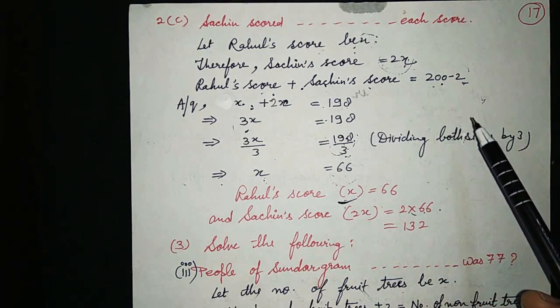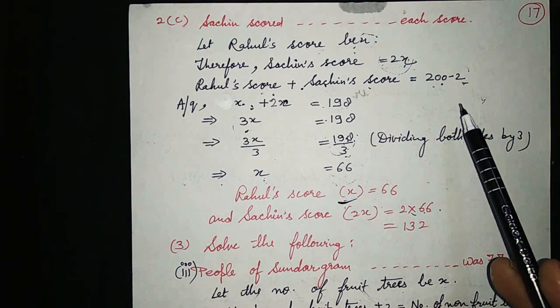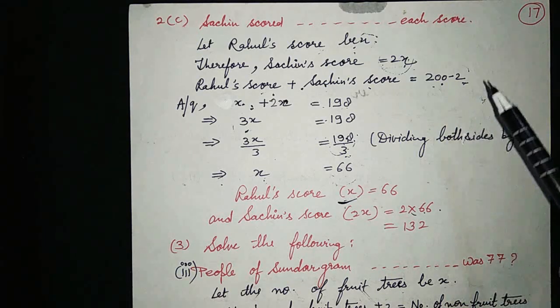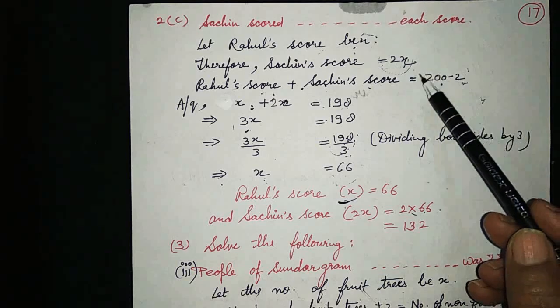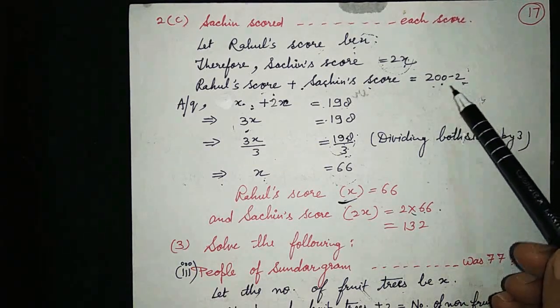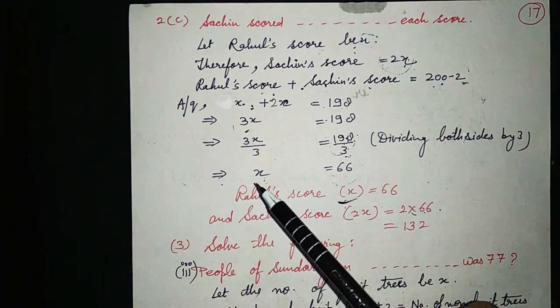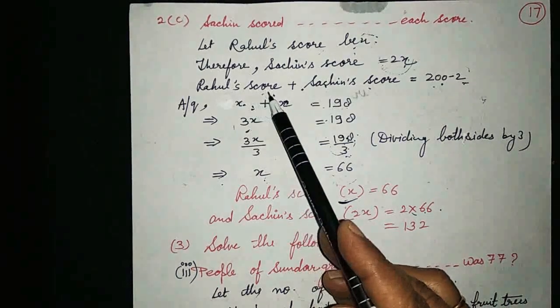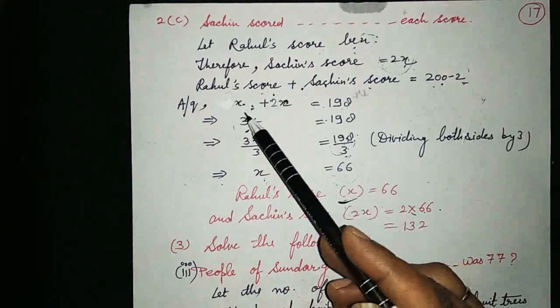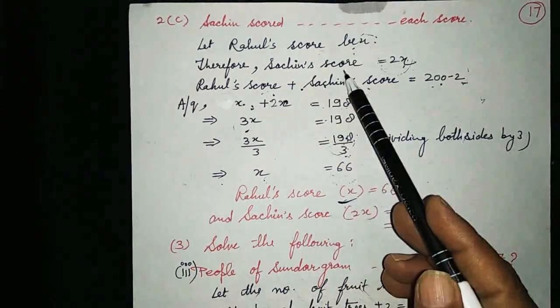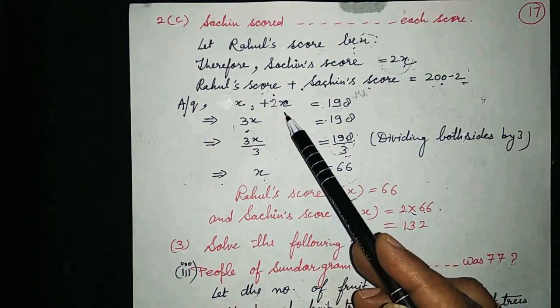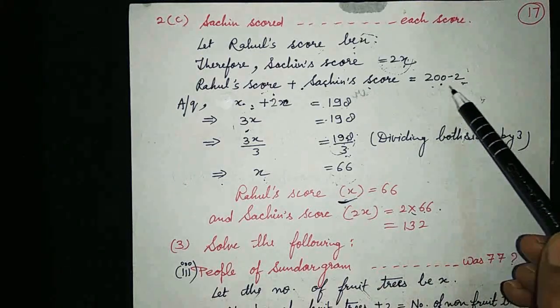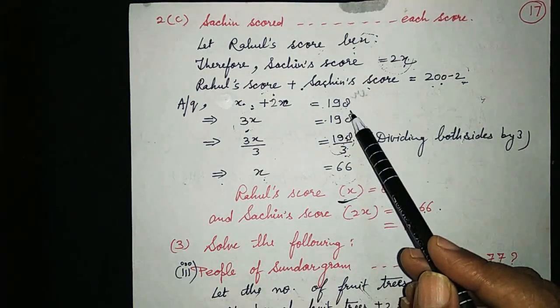And 2 runs too short of a double century. So too short of a double century means what? 200 minus 2. Now we will make the equation. Rahul's score x and Sachin's score what? 2x. And 200 minus 2, 198.